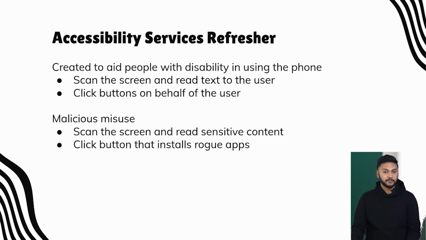So in the background, a malware with this permission can install other rogue applications on the device without the user knowing about this particular action. So clearly, you can agree that a malware with this permission is a lot more dangerous than a malware which does not have this permission. And that is the reason why malware try to get access to this particular permission.